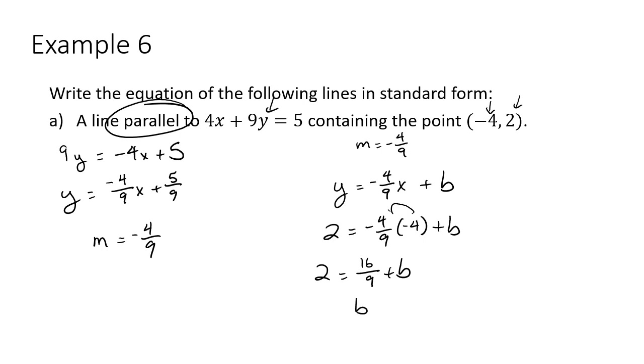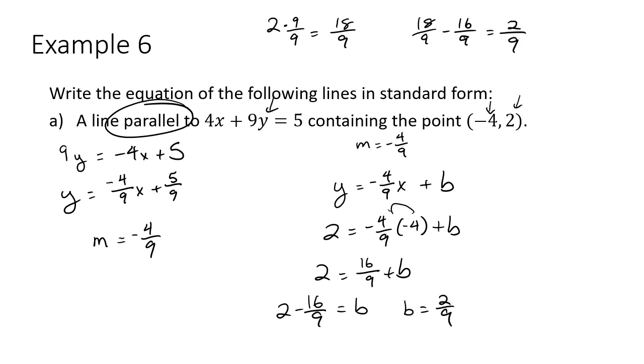So I subtract 16/9 across to the other side, which makes it become negative 16/9. And then I get a common denominator. So 2 would be 18 over 9. 18 over 9 minus 16 over 9 would be 2/9. So b is 2/9. All right, just a little bit of fraction math.